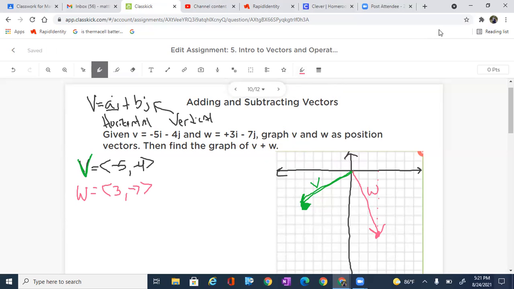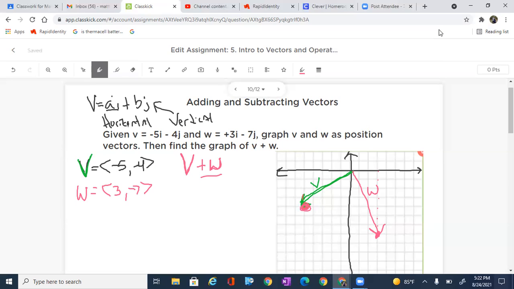Now, beforehand, what we did was we focused on graphing vectors geometrically on the coordinate grid, and we didn't really pay attention too much to the algebraic piece, but it's the same thing. When we graphed v plus w before, we started w at the end of v. So that's what we are going to do.